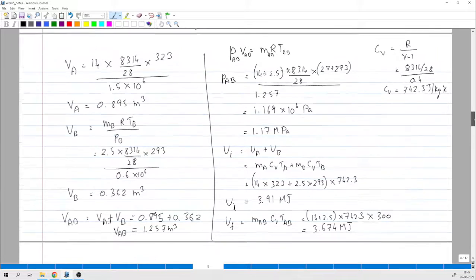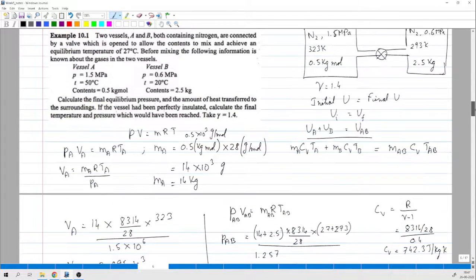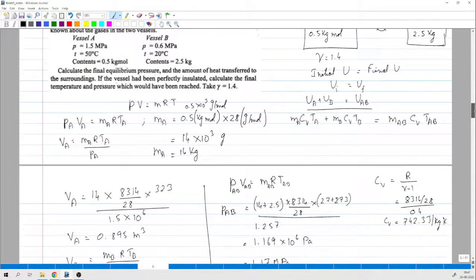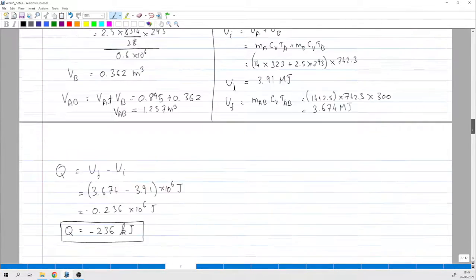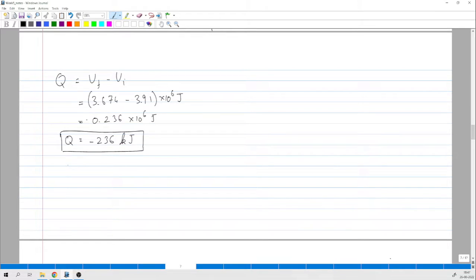So next is to assume no heat transfer and then calculate the final pressure and temperature. If there is no heat transfer, we know Ui is equal to Uf. Ui we know already, 3.91 into 10 power 6 joules.